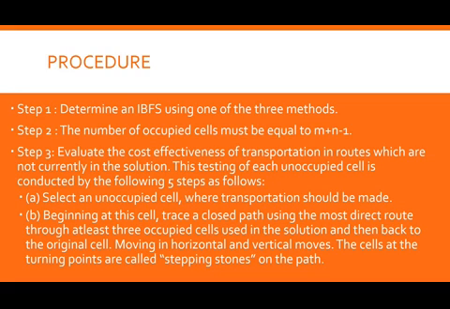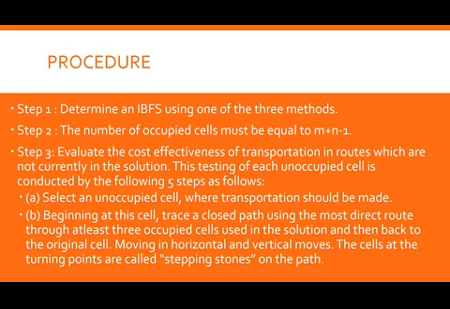Okay, so we will see these 5 sub steps. So the first sub step A, select an unoccupied cell. See, in an IBFS, wherever there was an unoccupied cell, select one such cell where transportation should be made. Right? I am selecting one unoccupied cell.